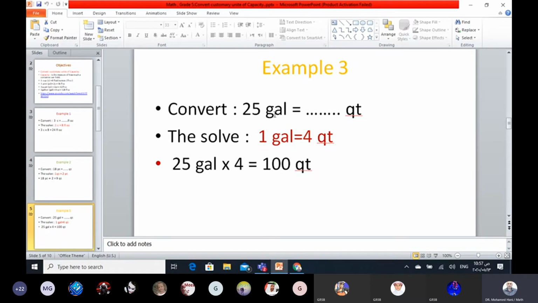So here I want to convert from the big unit to the small unit, so I multiply. I write 25 gallons multiplied by 4, which equals 100. So 25 gallons equal 100 QT, or quarts.